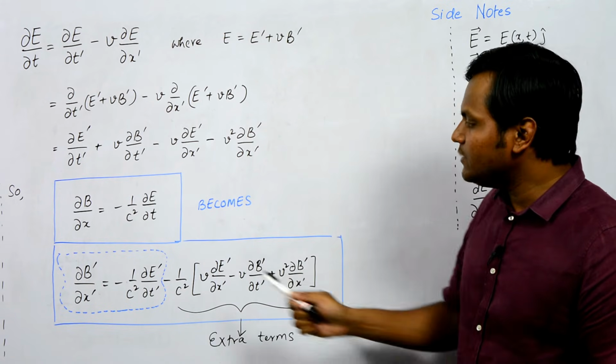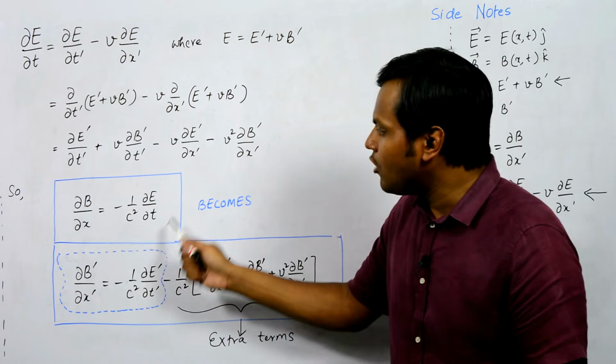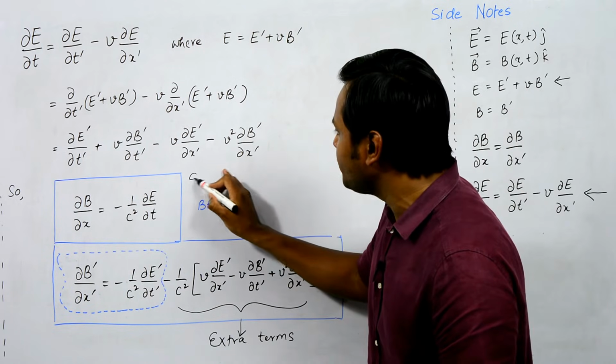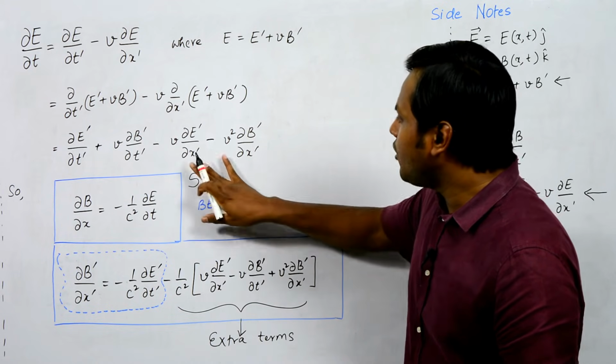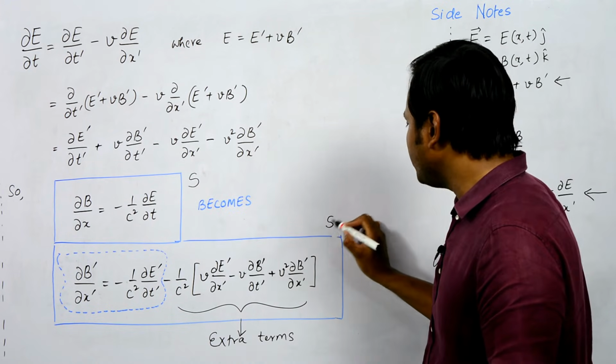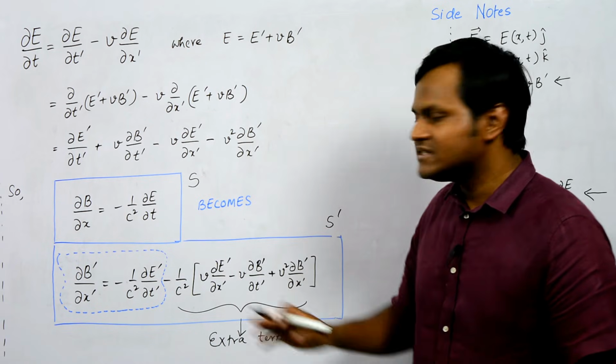So as you can see, the Maxwell's equation has whatever form it has in the S frame of reference, and the form that it has in the S dash frame of reference is not the same.